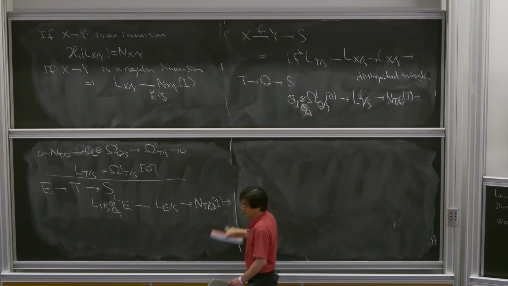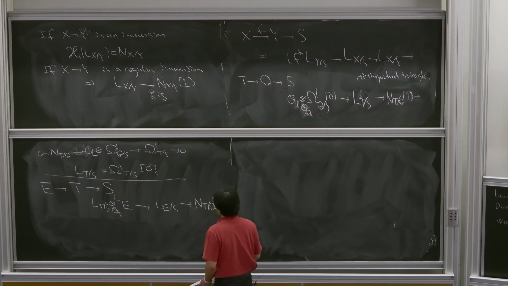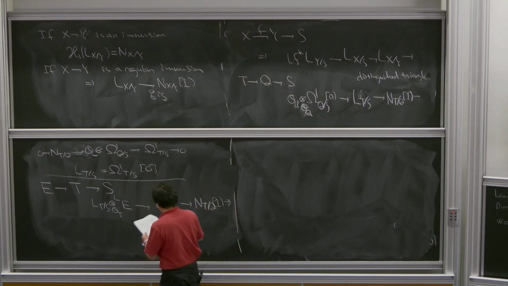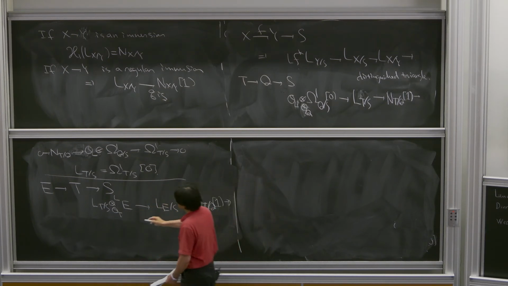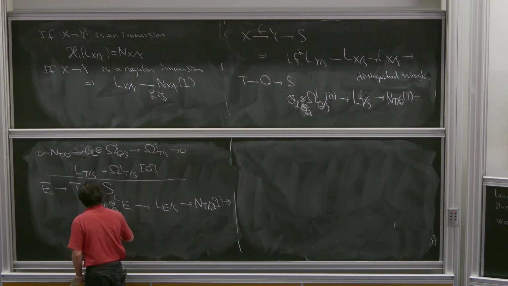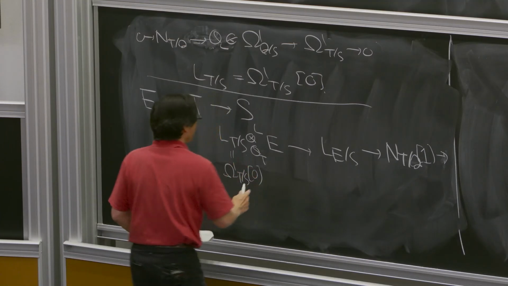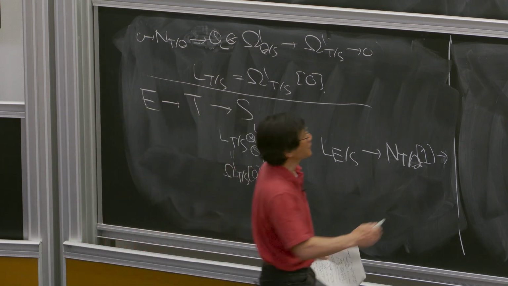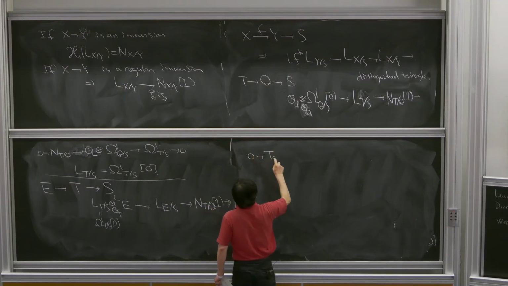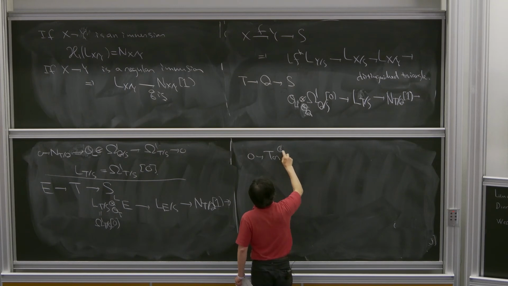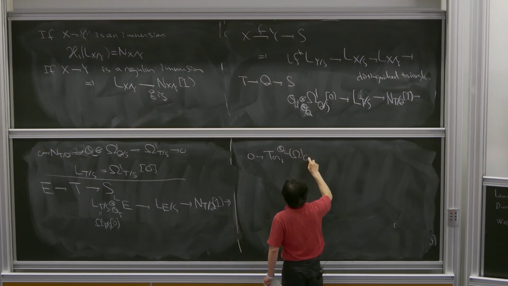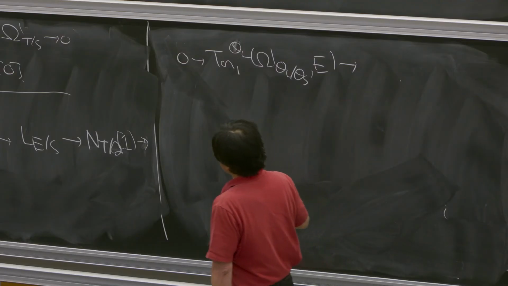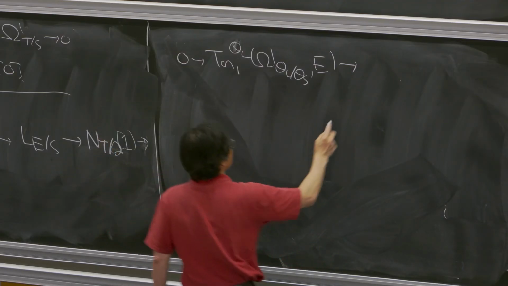Then what does this give us? We start from H1 here. So we already know that this is omega 1, so we get a tensor product. So we start from tau 1, and we get something here.